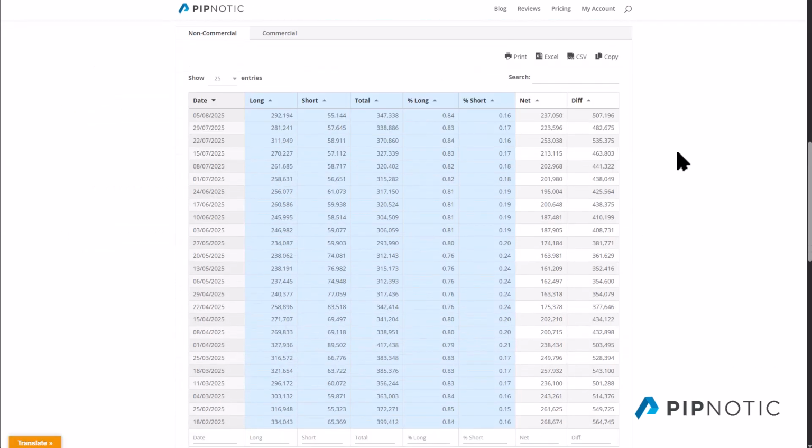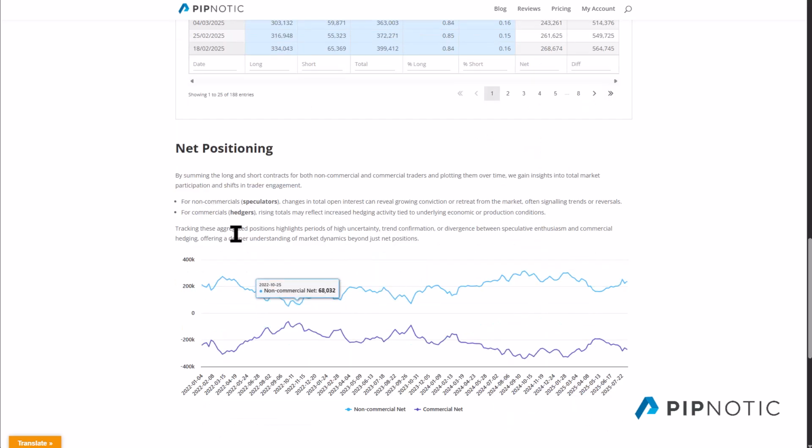If we look at the gold information here, you can see the non-commercials. This is highly, maybe even slightly controversial, about who's driving the price of these assets, the non-commercials or the commercials.